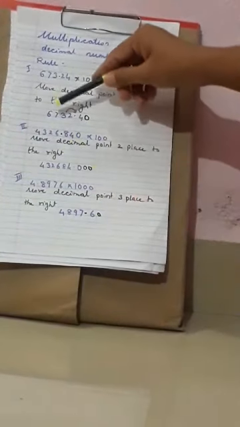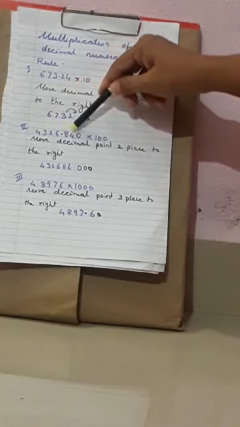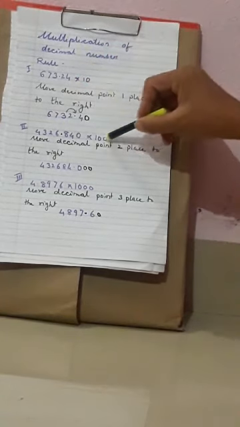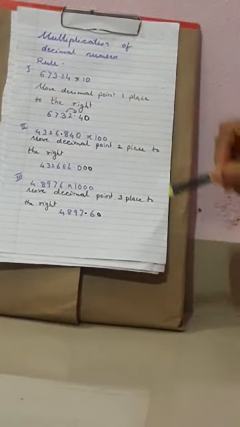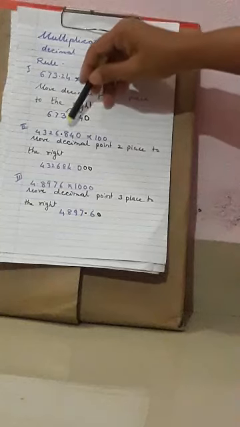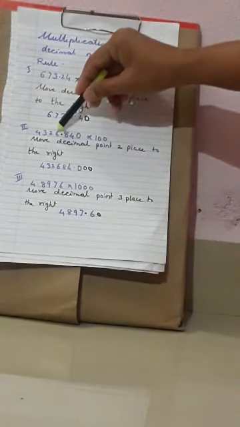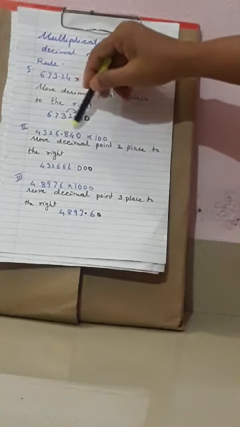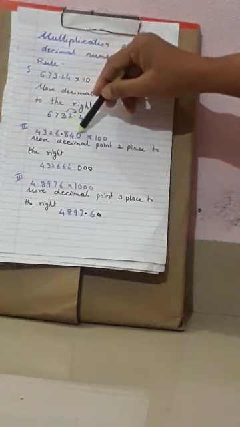Now let's go with the example. 4326.840, multiplied by 100. Now two zeros are there. What does the rule say? 2 places towards the right. So the point will be moved 2 places. Now here the point is before 8. This point will move towards the right by 2 places. So 8 and 4, it will come after 4.